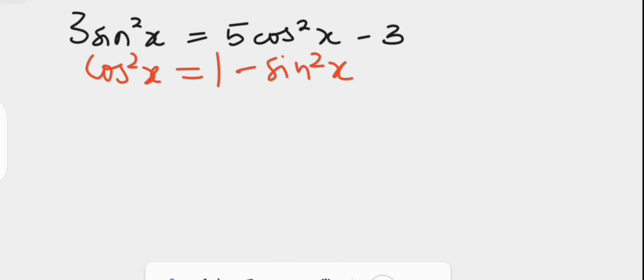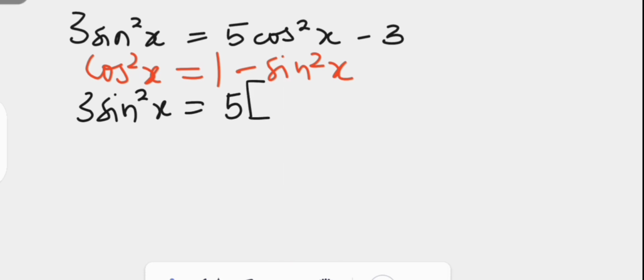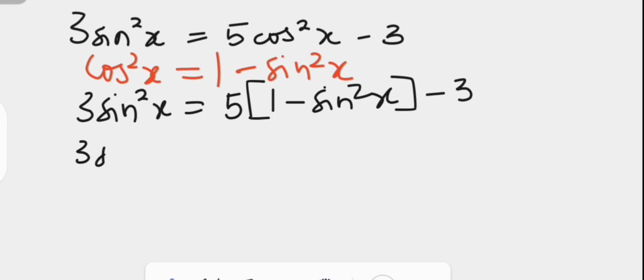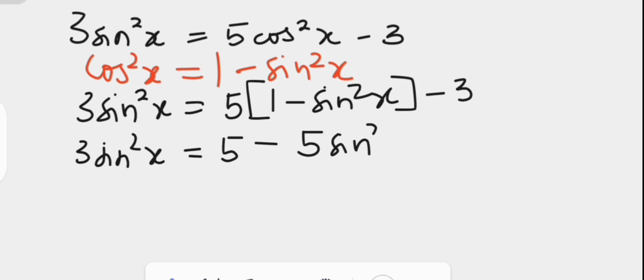Rewriting cos square x on the right hand side of the equation gives 3 sine square x is equal to 5 times 1 minus sine square x minus 3. This becomes 3 sine square x equals 5 minus 5 sine square x minus 3.